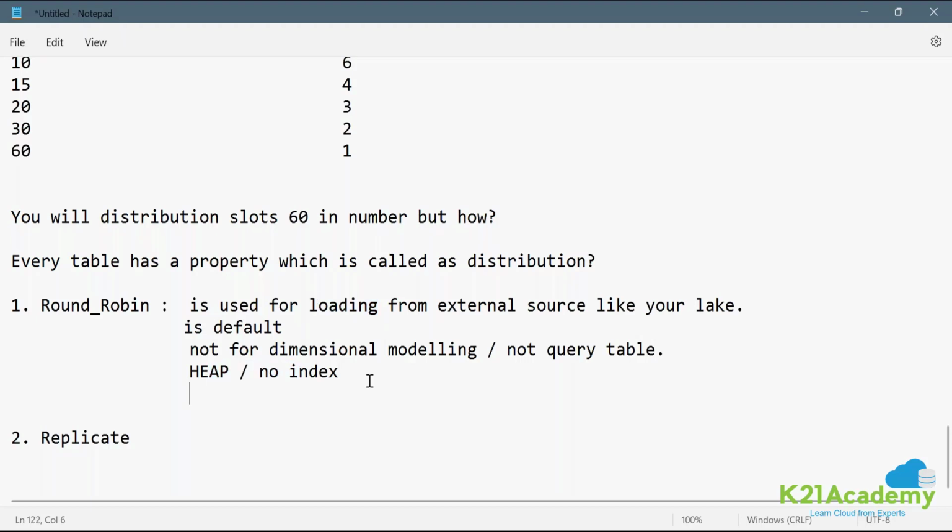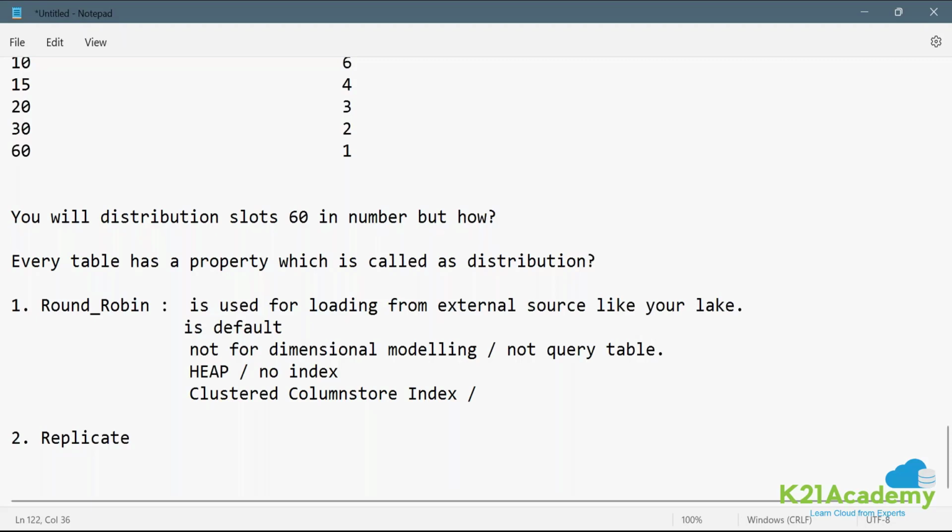But you may find some people placing a CCI, clustered column store index, on this. Why are you placing a clustered column store index on it? When it is not for query needs, it's for compression. Because clustered column store index provides you column store compression and archival compression.